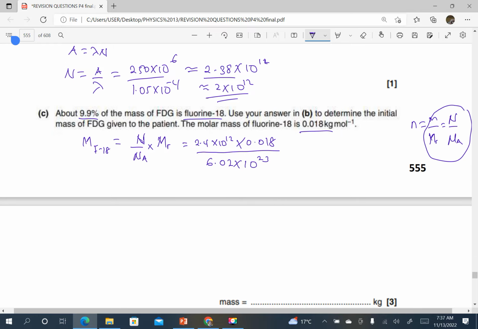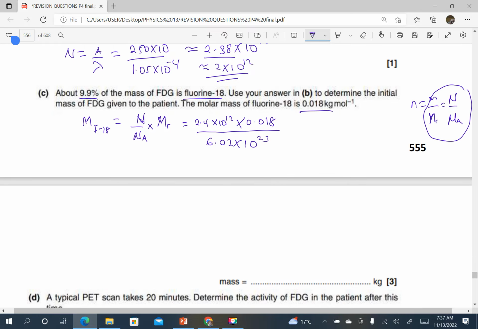But remember, the mass of F18 is 9.9% of the mass of FDG.